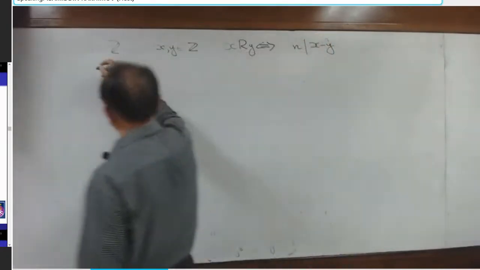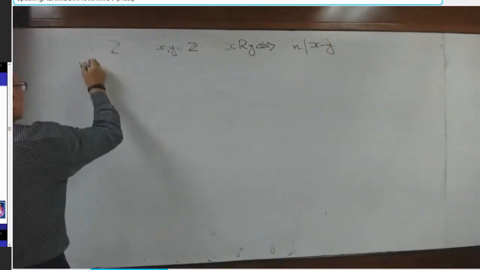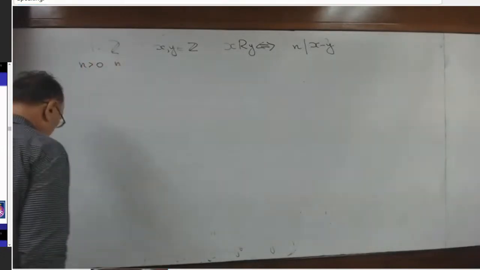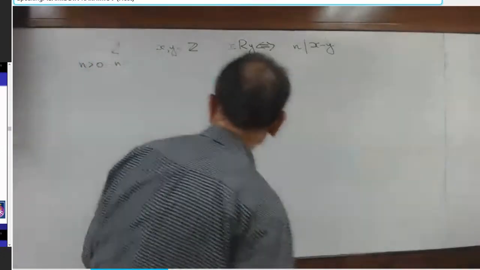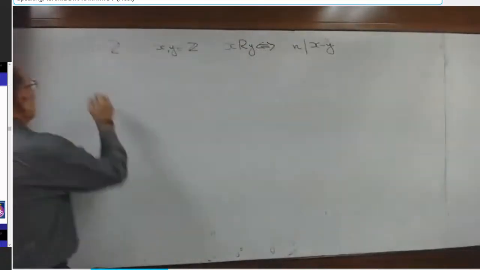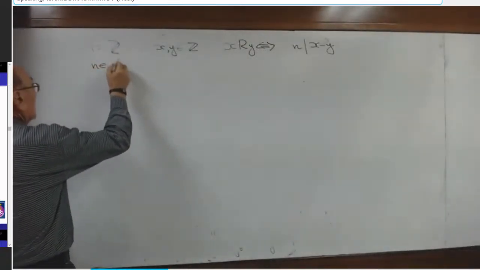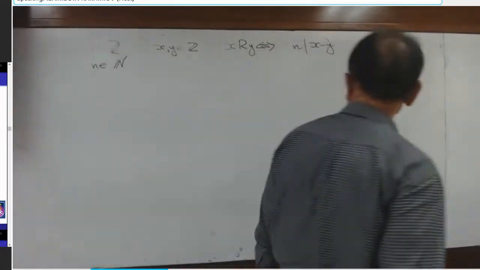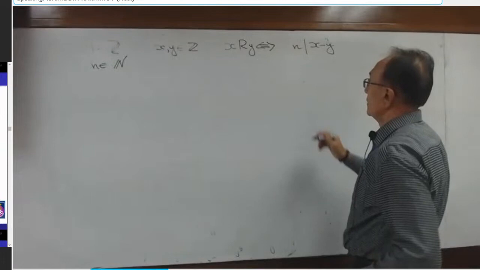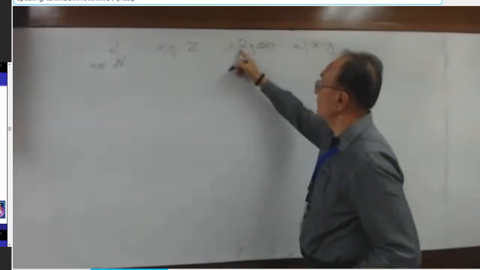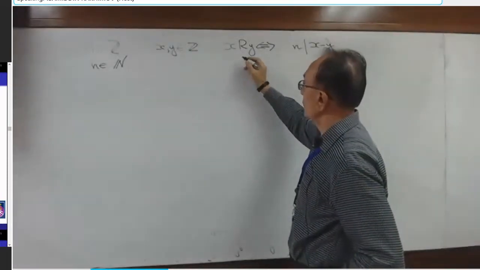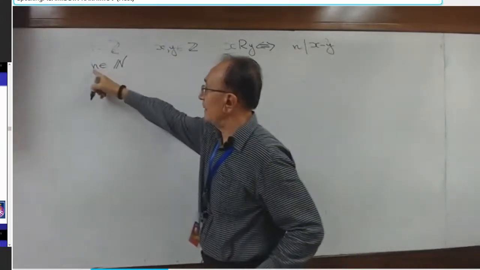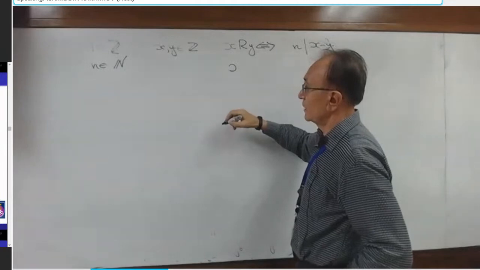So n is fixed. n is a positive integer, a natural number. This relation has its own notation because it is related to this positive integer n.